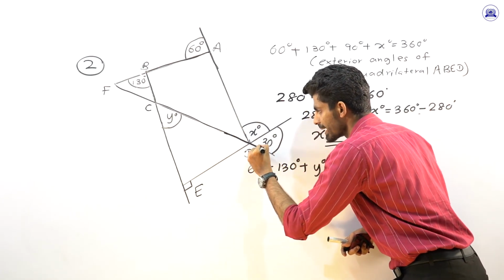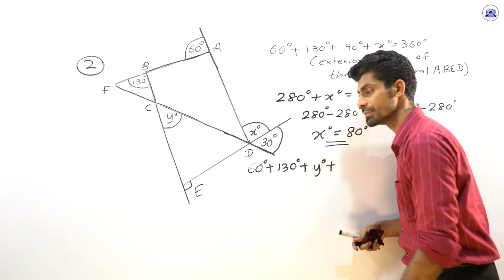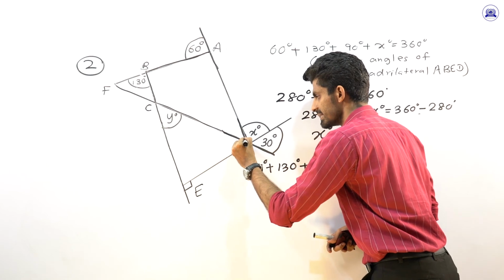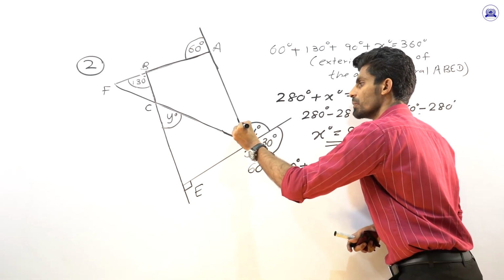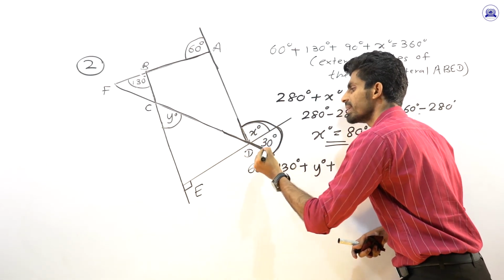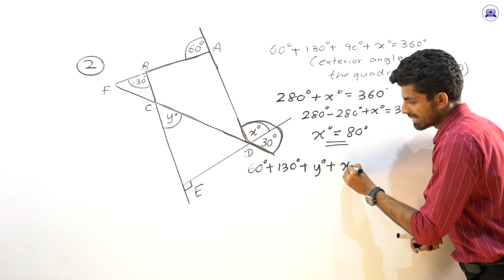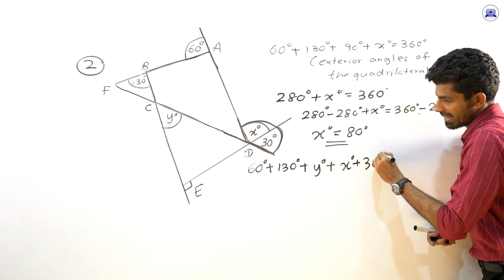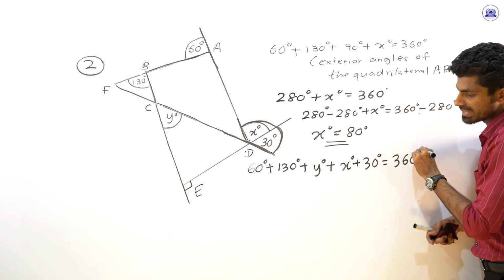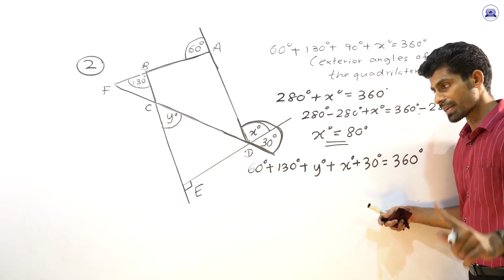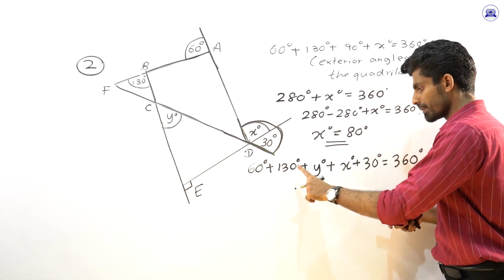This is the exterior angle, right? Don't get confused. So we need to take that full exterior angle. That means x plus 30 equals 360 degrees. 60 plus 130 is 190.